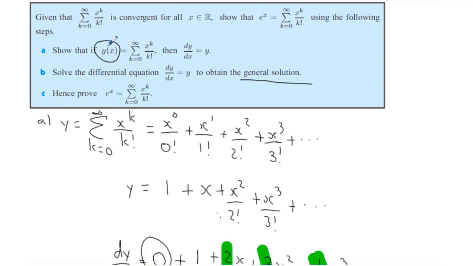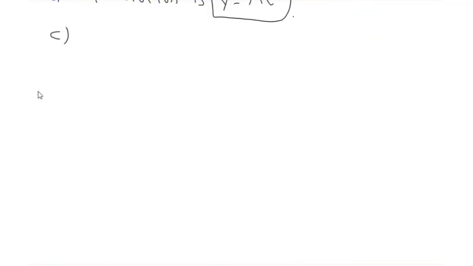So we know that this is a solution to this. We're looking to prove that e to the x and x to the k over k factorial are equal, right? So since y equals the sum from k equals 0 to infinity of x to the k over k factorial.